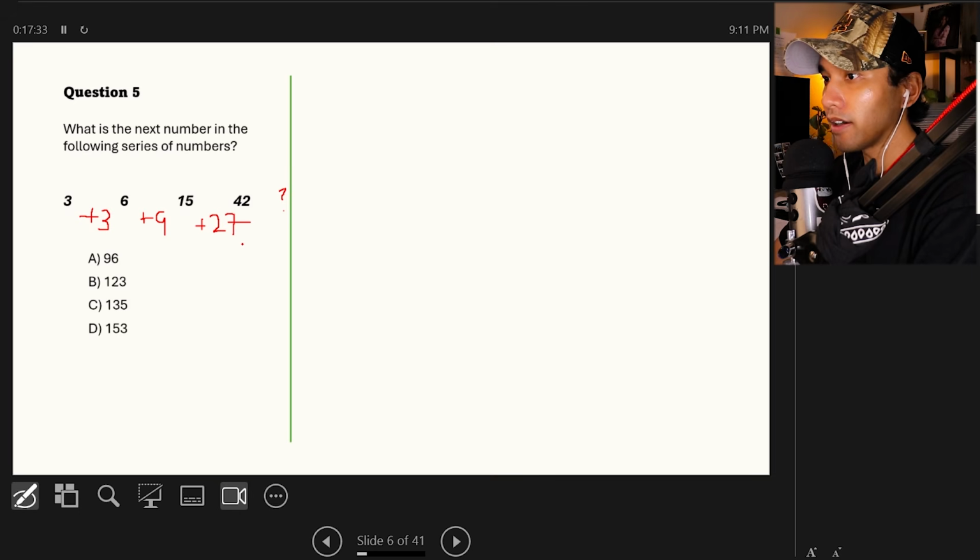Do you see a pattern happening here? The pattern might not be prevalent here, but it could be over here. So to get from 3 to 9, we have to multiply by 3, right? From 9 to 27, you multiply by 3.